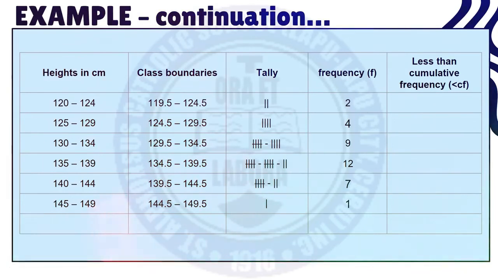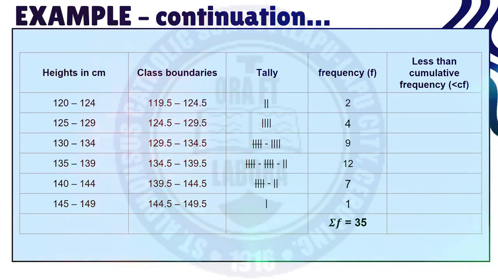So after tallying all these quantities, we have to add the frequencies. So the total frequency here is equal to 35, after which we will proceed to the last column, which is less than cumulative frequency.